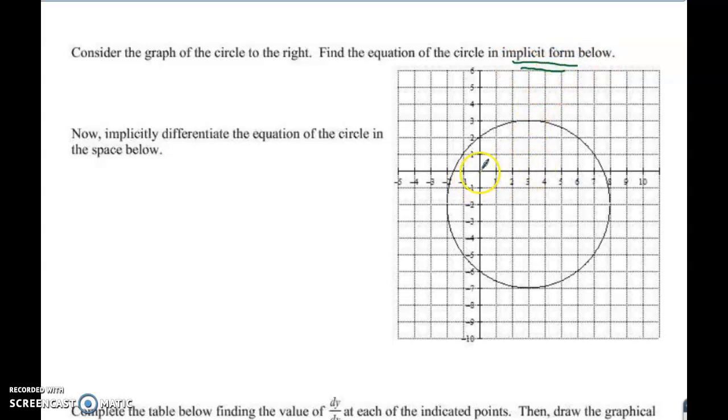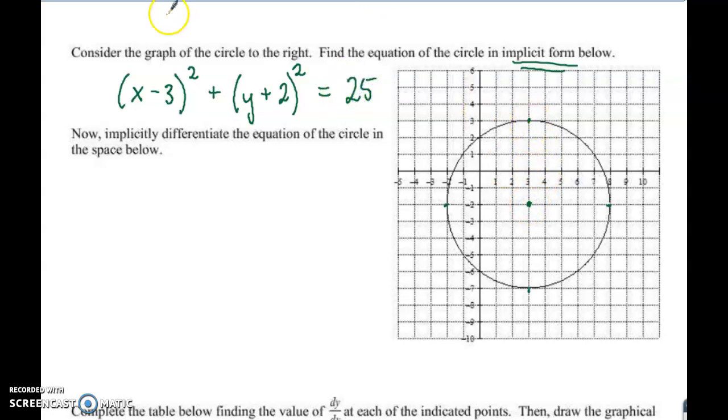You want to identify the center of the circle, which I would look at like the top and the bottom and the furthest to the left and furthest to the right, and see where they all meet in the middle. So then you could rewrite that as x minus 3 squared plus, remember minus shifts it to the right, and then y plus 2, that shifts it down, is equal to the radius, which from the center would be 1, 2, 3, 4, 5 squared.